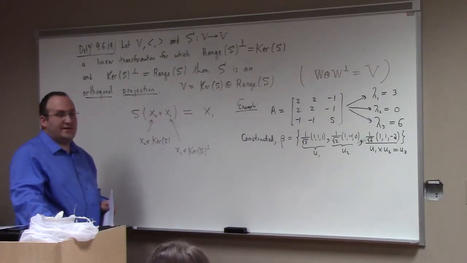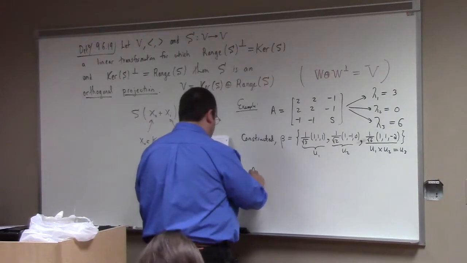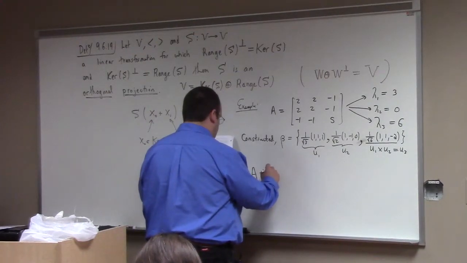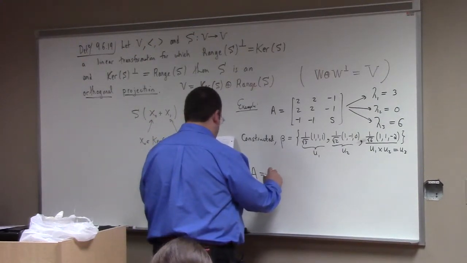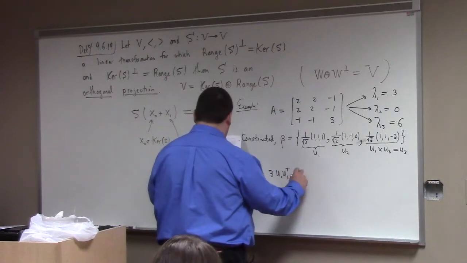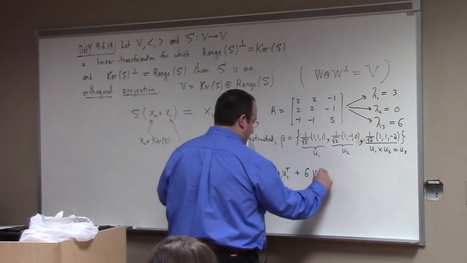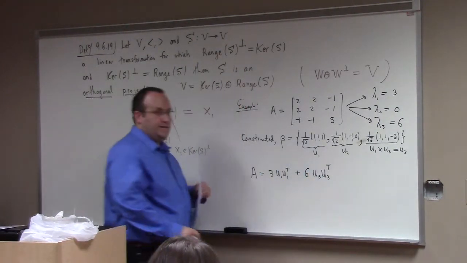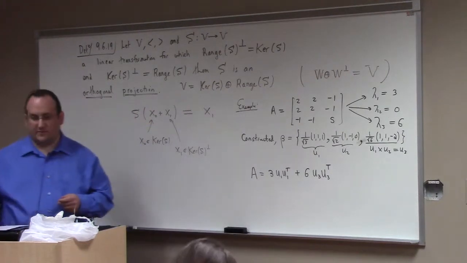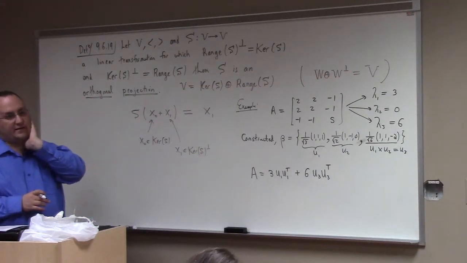What does it have to do with A? Well, the way I made up this A is as follows. I said, I'm going to make A equal to 3 U1 U1 transpose plus 6 U3 U3 transpose. Then I know the real spectral theorem, and I understand the example I just showed you, so I know this trick already.